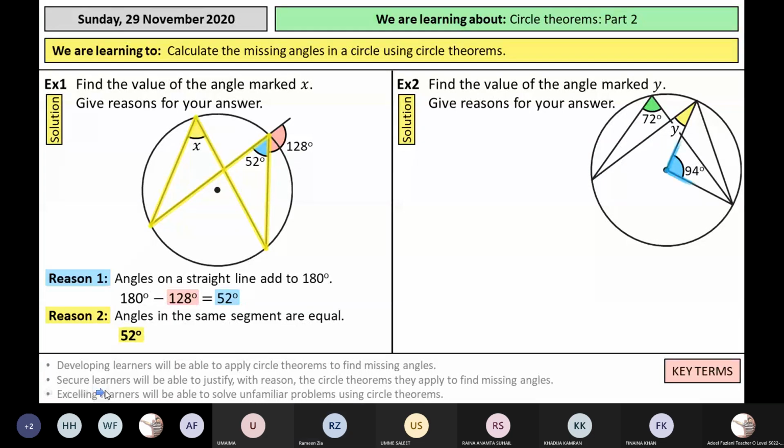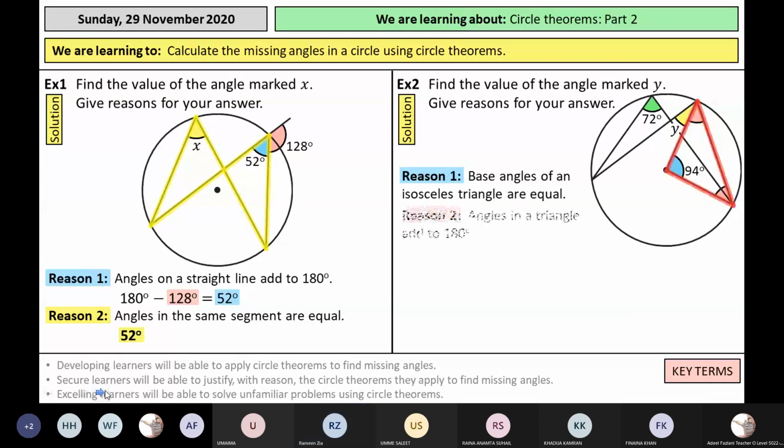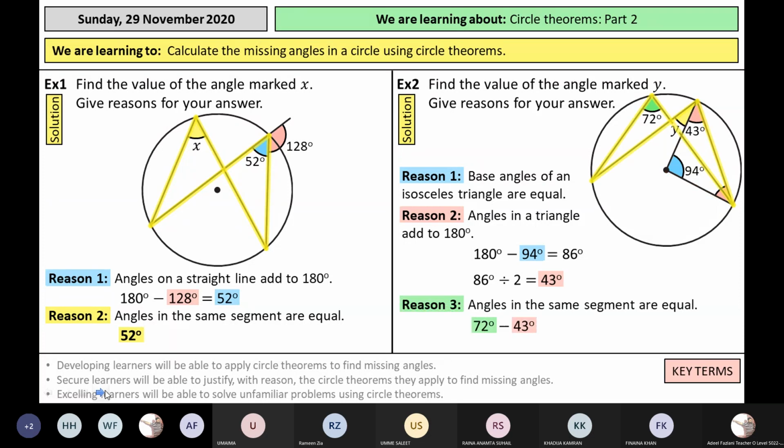29. All right. Your base angles in an isosceles triangle once again, and the angles in a triangle sum to 180 degrees. When you subtract 94 from it and divide by 2, it's actually 29. All right.